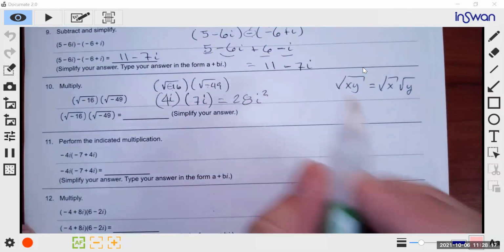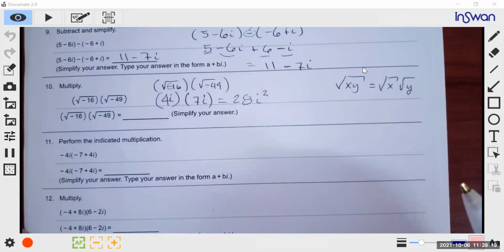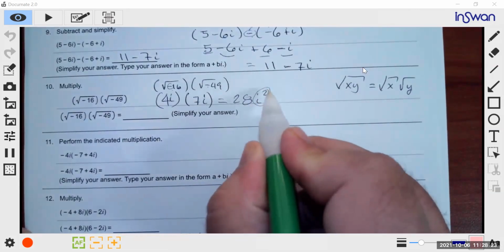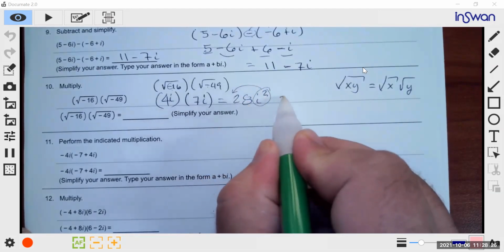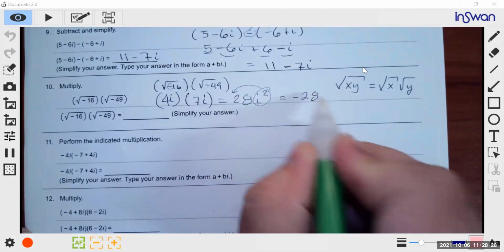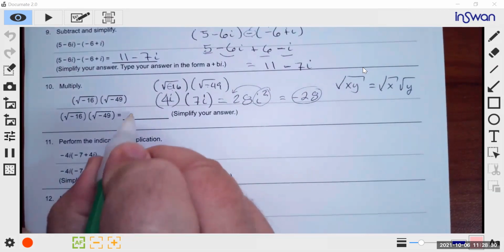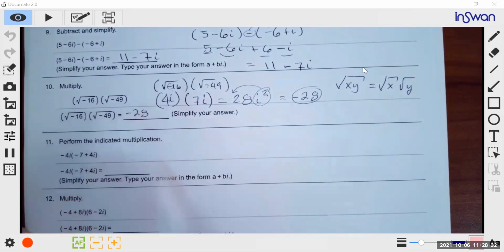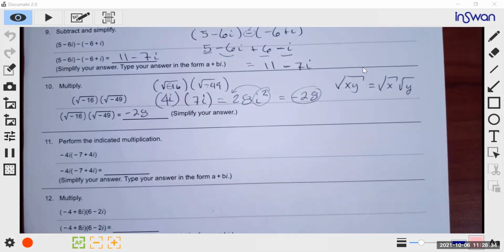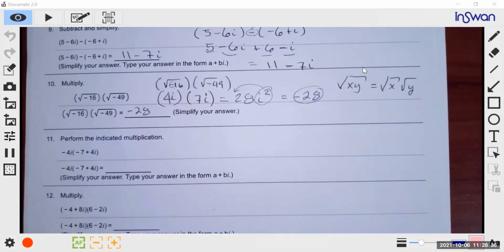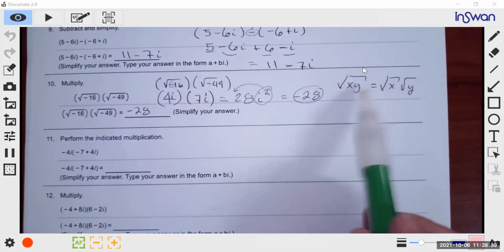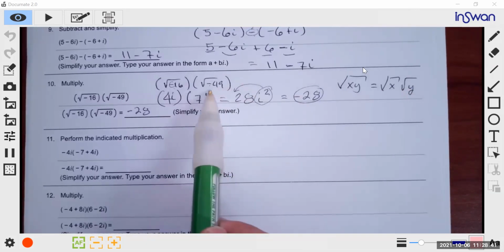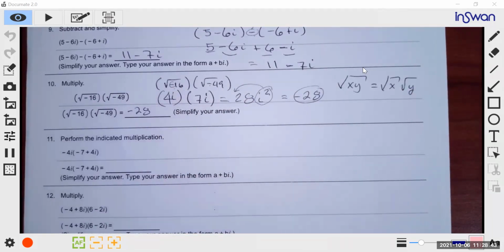Whenever you multiply or divide, that's when you change the exponents of your variables. So i squared is negative 1, so it changes that sign. So the answer is negative 28. So don't use this rule, because if you multiply negative 49 times negative 16, the negatives will cancel. And then you're in the wrong ballpark.